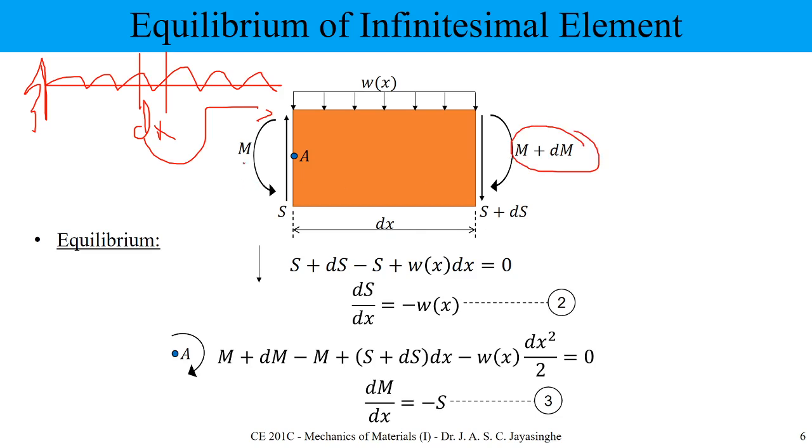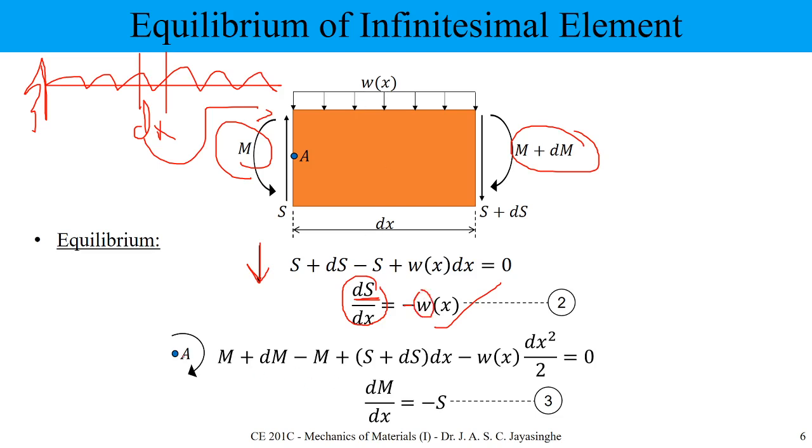We already derived this equation in our first few lectures, so you can go through it again. I'm considering equilibrium in this direction. You know the definition: the slope of your shear force diagram is going to equal the negative of the load intensity at that particular point.